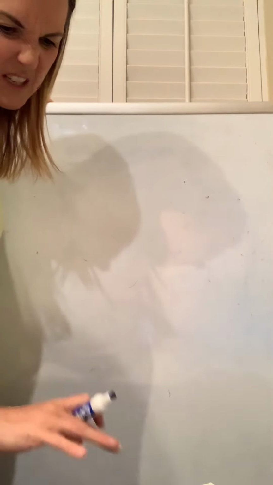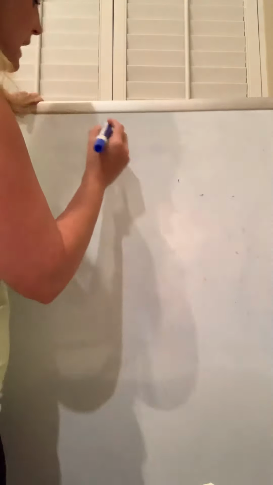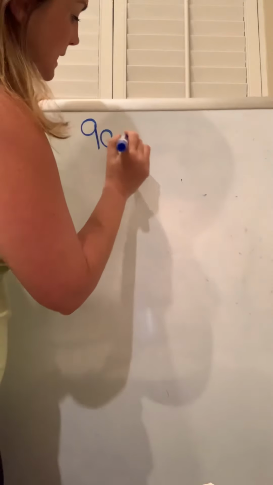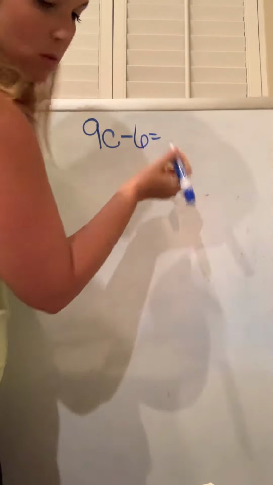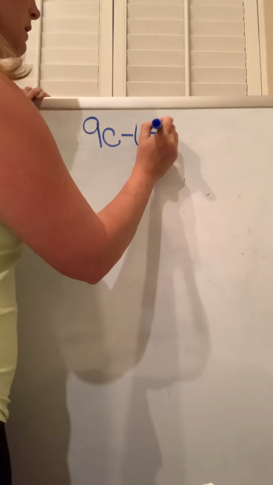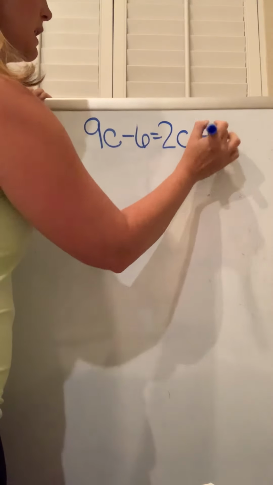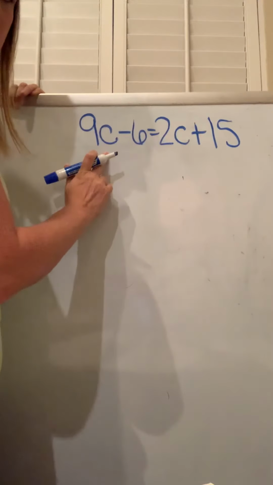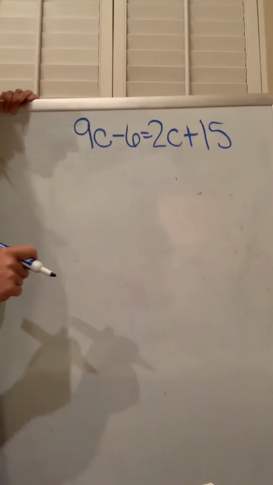Now, if I turn this around and I do 9C minus 6 equals 2C plus 15. Okay, I want the C's to be by themselves on one side of the equal sign.